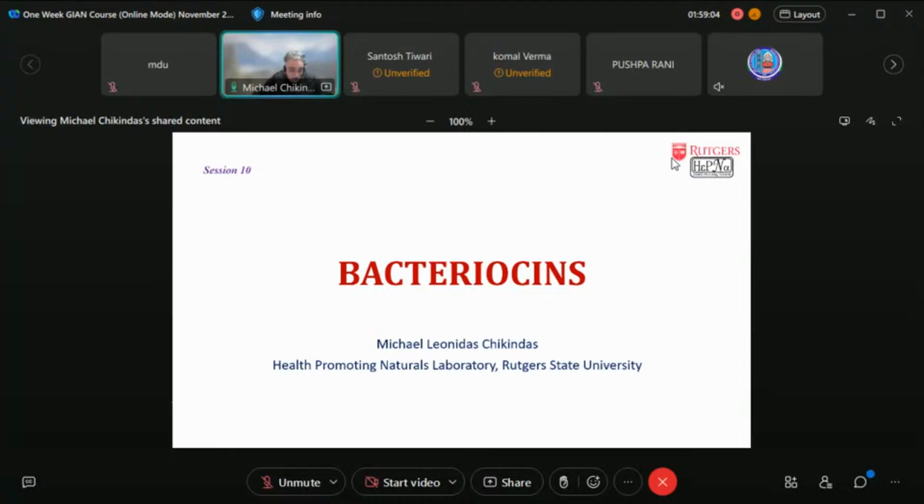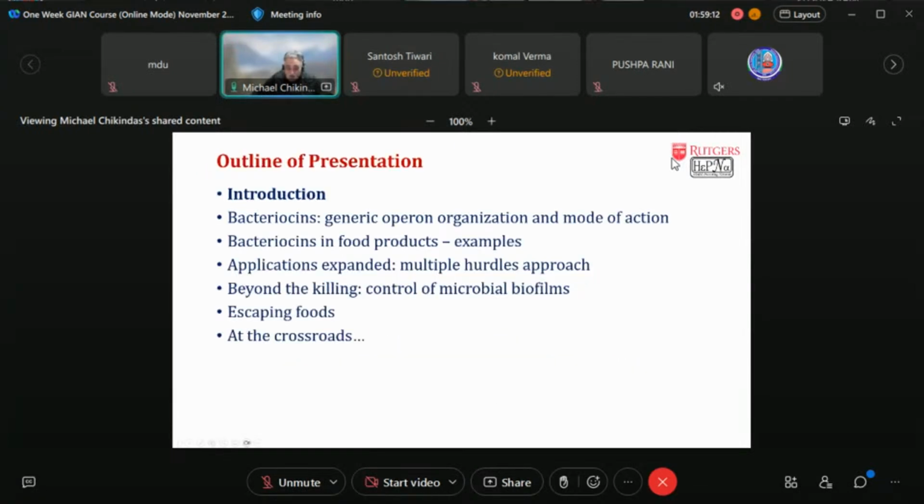Those of you who are familiar with bacteriocins, don't expect anything eye-opening, because you must know this stuff. But I will introduce us into the field. I will give you the idea about the generic operon organization and the mode of action. We will look at some examples of bacteriocins in food products.